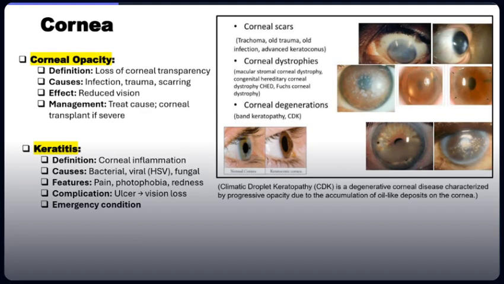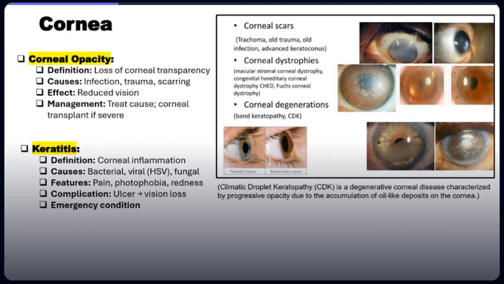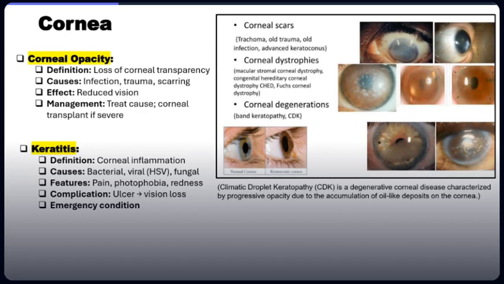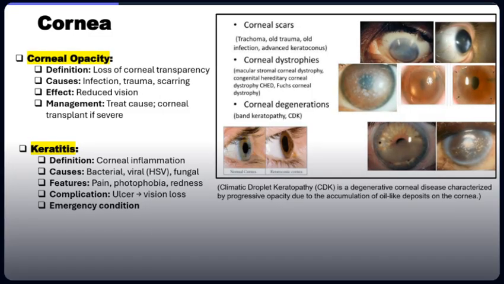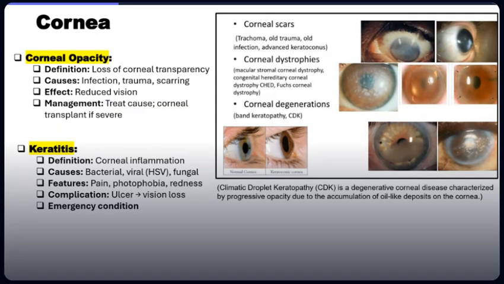As we proceed, we will examine how any disruption to its 5 distinct histological layers, from the protective stratified epithelium to the metabolic pump of the endothelium, catastrophically compromises the visual pathway. Corneal opacity occurs when the structural regularity of the stroma is compromised by fibrotic scarring, genetic dystrophies, or the accumulation of metabolic deposits, like the oil-like droplets seen in climatic droplet keratopathy.